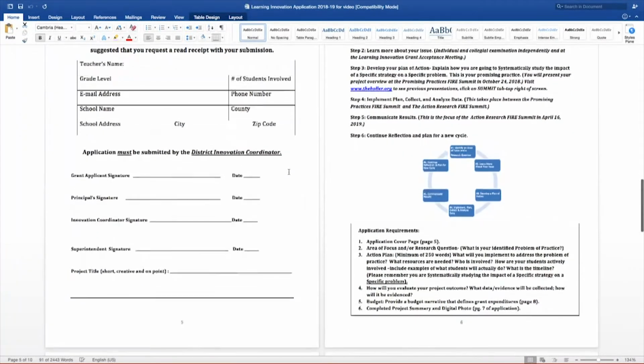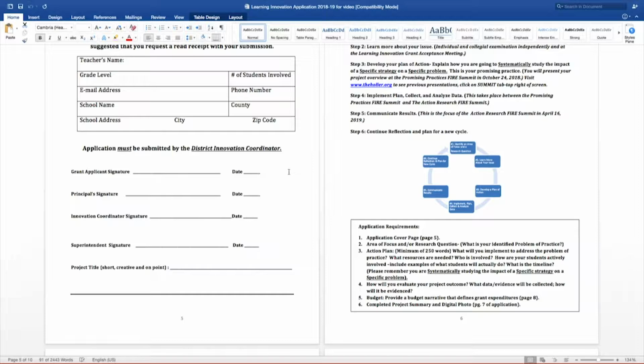Now, here is something that will matter: if this page is not completed correctly, if all signatures are not on there. You must sign this paper saying that you agree to everything in the grant application and date it. Your principal does too. And the reason for all these people signing is we want everyone to know what you are doing.